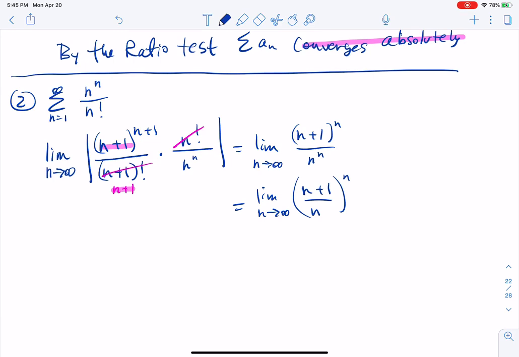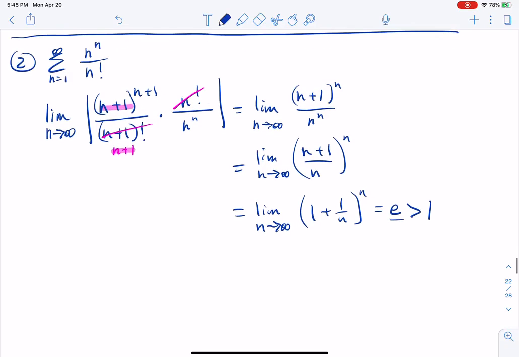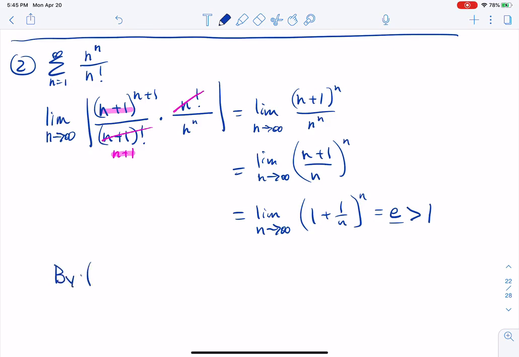This is looking familiar, especially if I divide n into both of these: 1 plus 1 over n, raised to the n. You know what that is equal to? It's equal to e by definition. That is the limit definition of e. e is 2.7 blah, blah, blah, which is greater than 1. Therefore, this diverges by the ratio test.